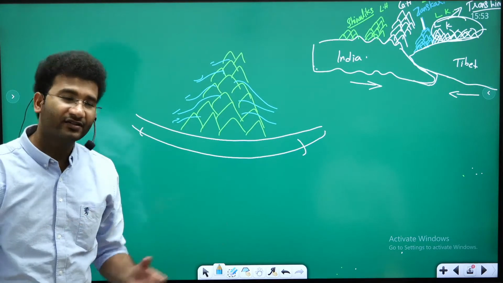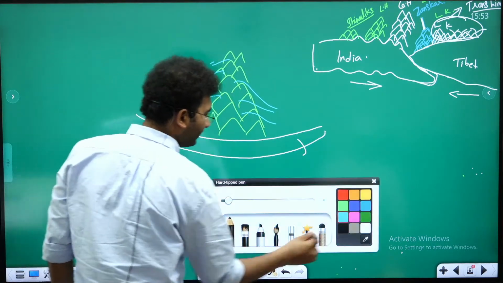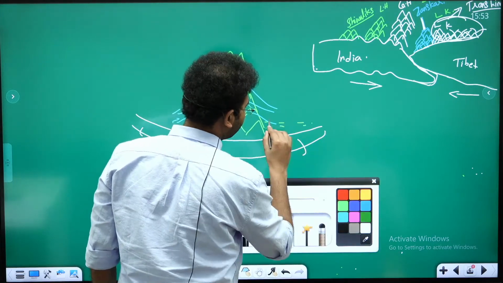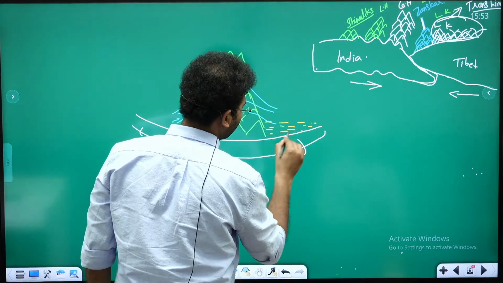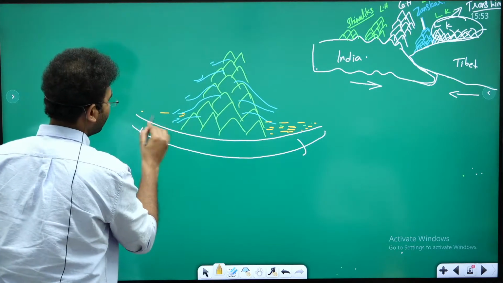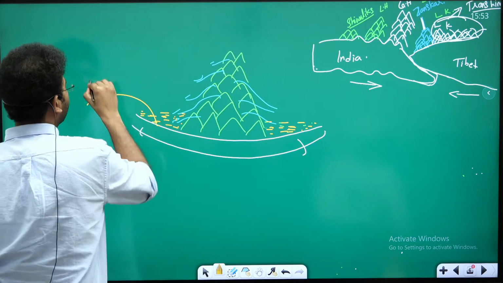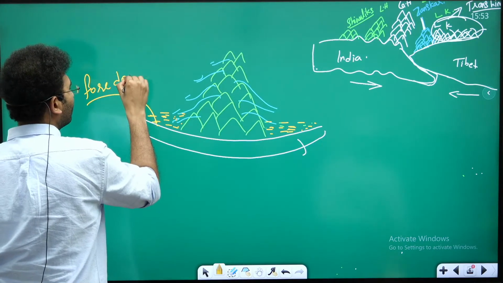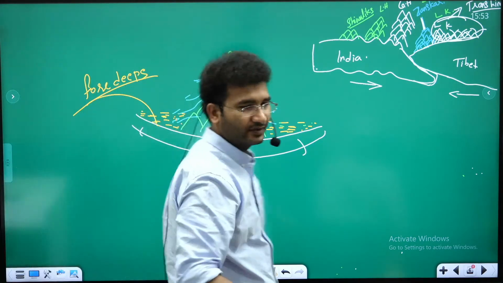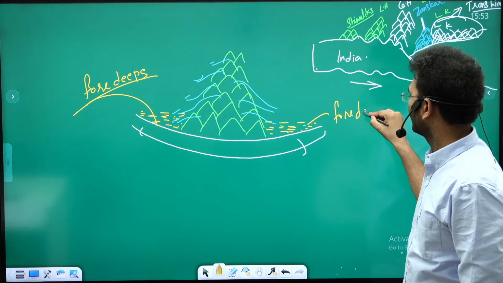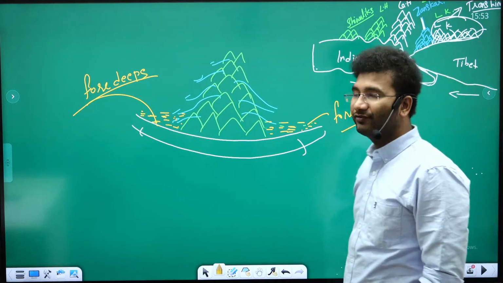The sediments of these rivers will now fill the depression near the mountains. Now they are called as foredeeps. Okay, this is your foredeep. Like that, you have many foredeeps.